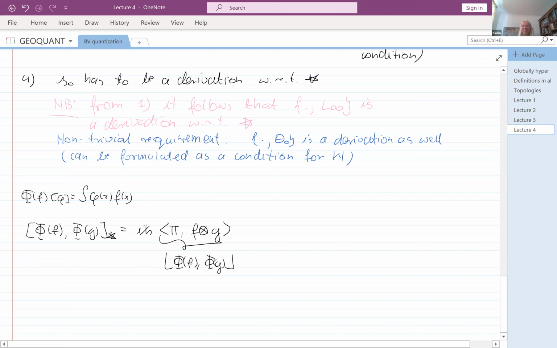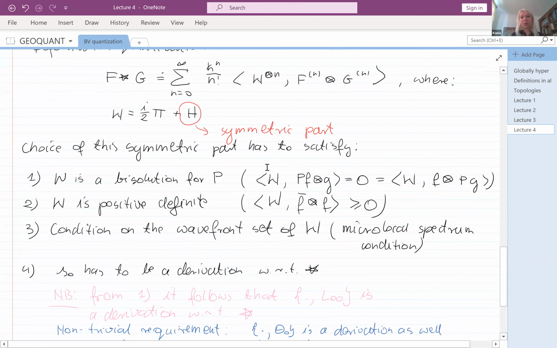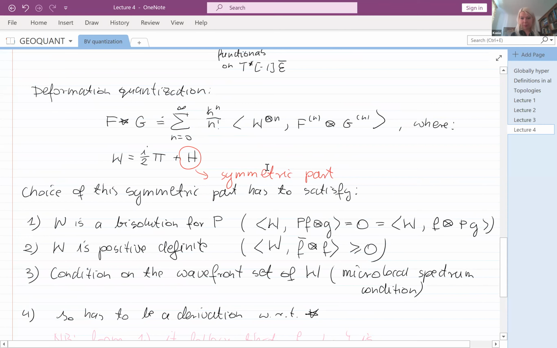Why? In AQFT, do you also do things with powers in H bar? No, this is pAQFT. I'm asking about the free theory. The free theory you can also do non-perturbatively. So what's the comparison?